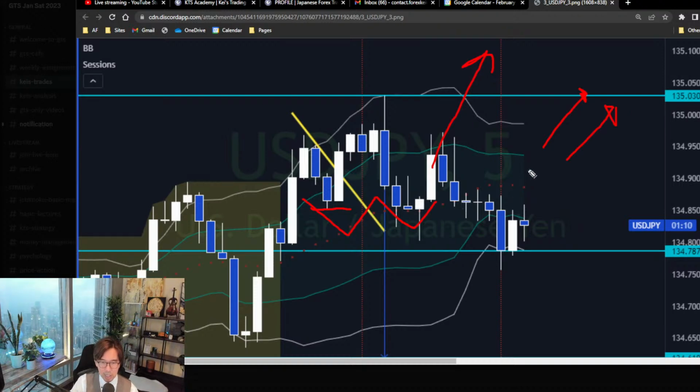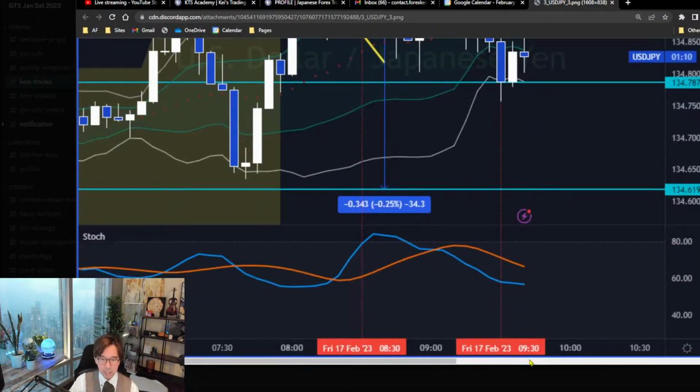So exactly this blue bearish bar broke the supports, broke the support area or the support zone in this area clearly. So I exited exactly on this candlestick, which was 9:30 a.m. UTC.